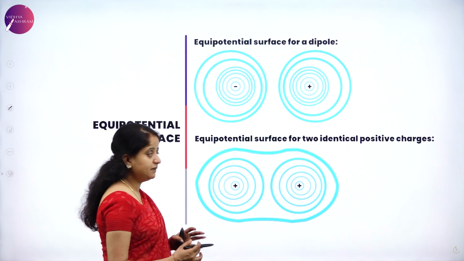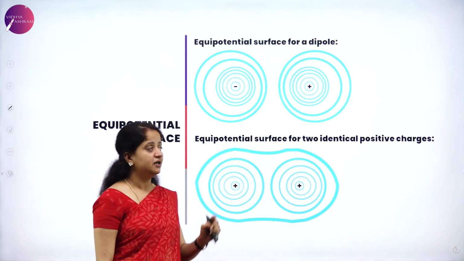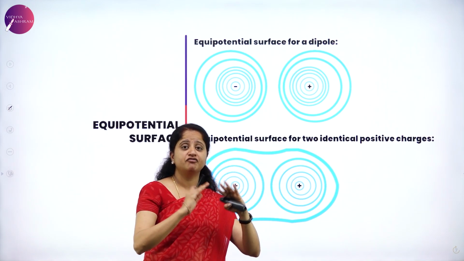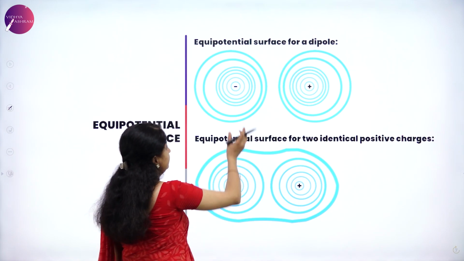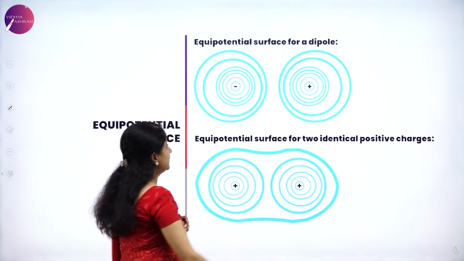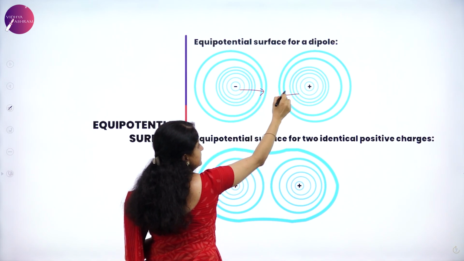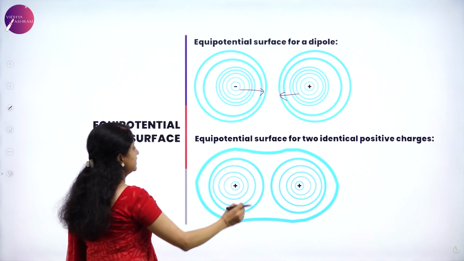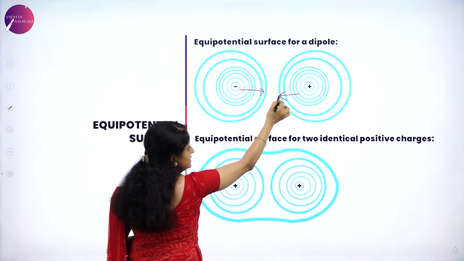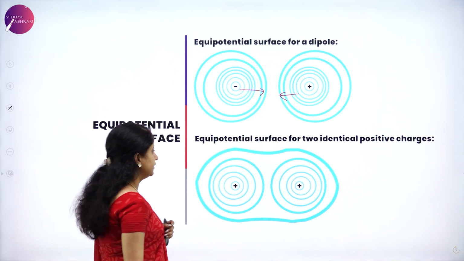What if we consider a dipole? When you consider a dipole, which is two charges of the opposite kind, they tend to attract towards each other, and we can see the lines getting closer towards this end and this end. When you consider a dipole, you must keep in mind that the intensity is high when they tend to come closer.